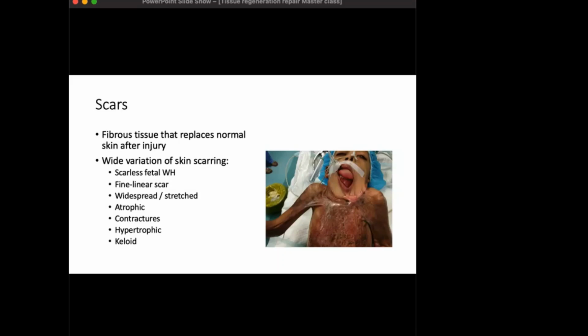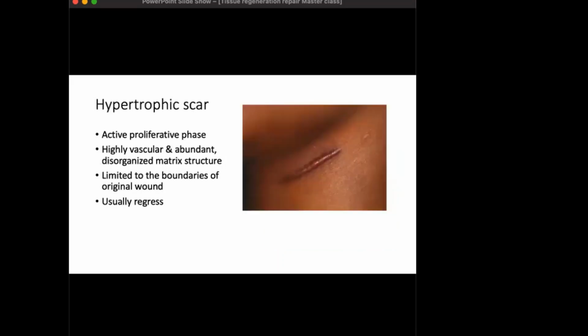The picture just shows a severe form of burn contracture scars. This is a hypertrophic scar. You probably know how to differentiate between hypertrophic and keloid.